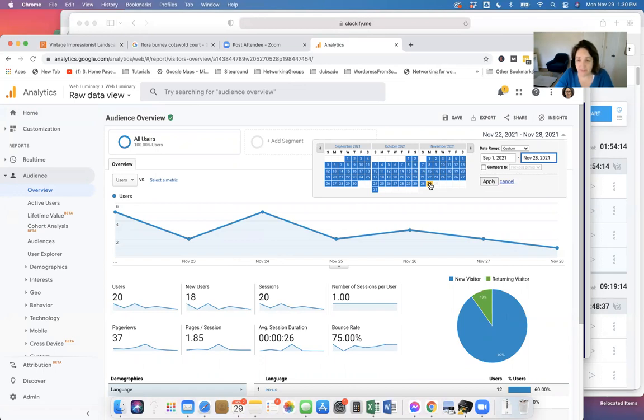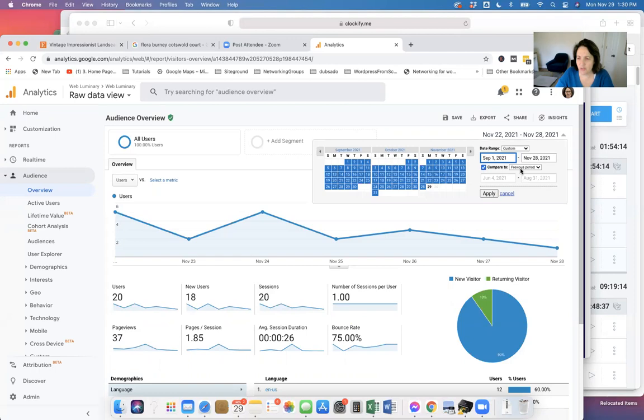You want to see that you're getting more traffic. As a result of social media, people are going on the website. So I'm going to compare September 1st to November 28th, that's today, to the previous period. It's calculated for the exact number of days, June 4th to August 31st.